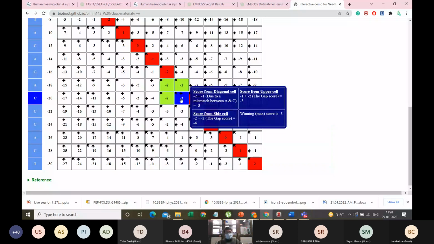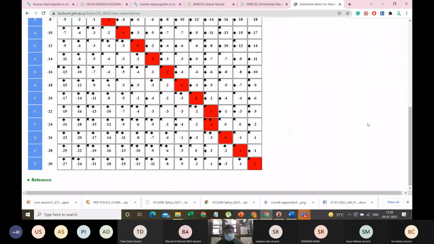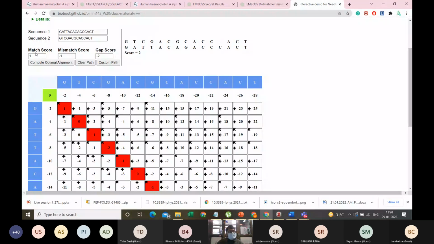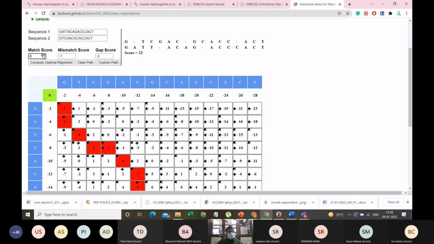So this is the Needleman-Wunsch algorithm, where you can also change the match score, the mismatch score and the gap score accordingly, and it will give you the alignment accordingly. This was the Needleman-Wunsch alignment with dynamic programming for the global region.